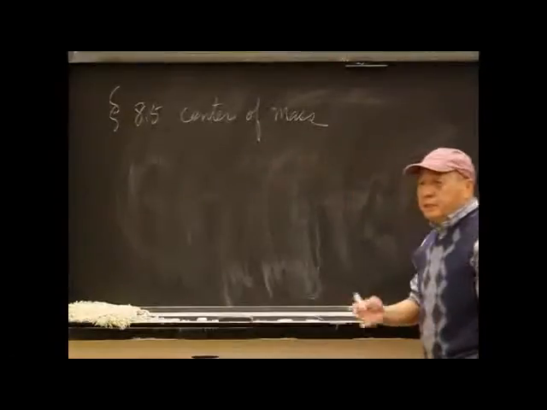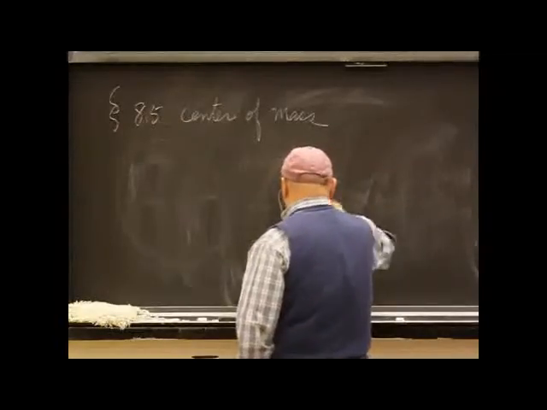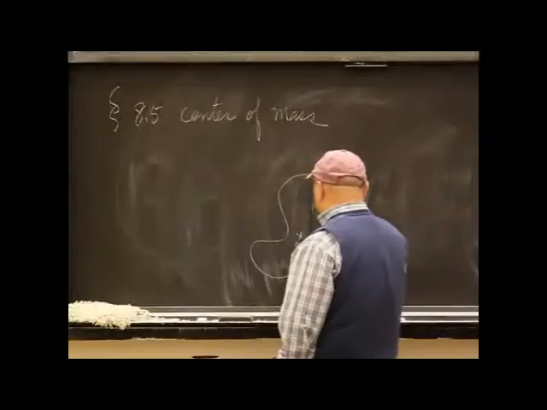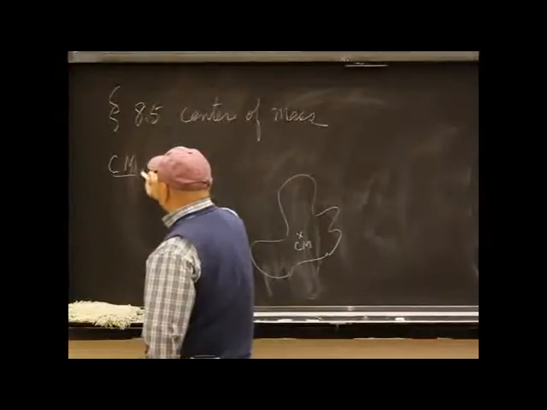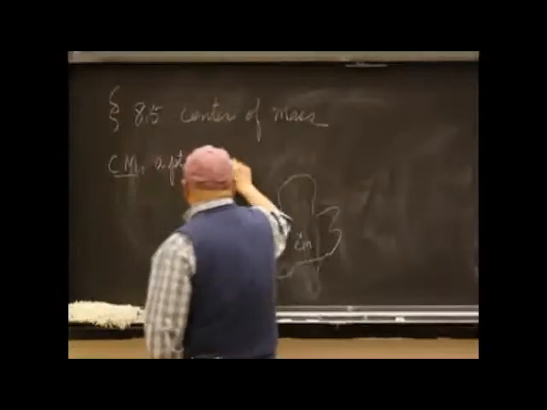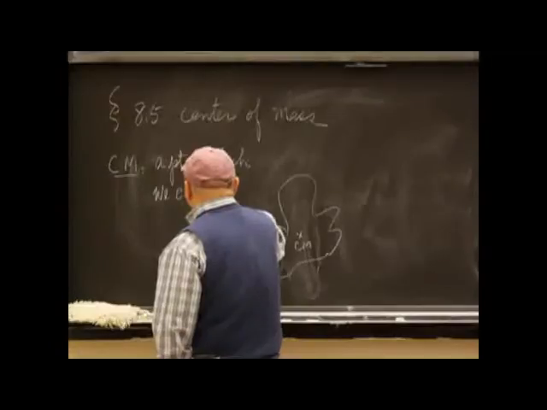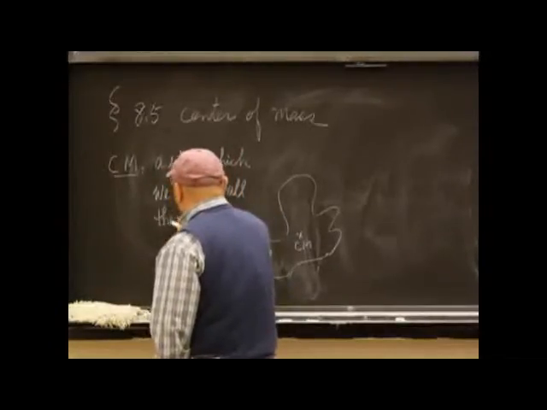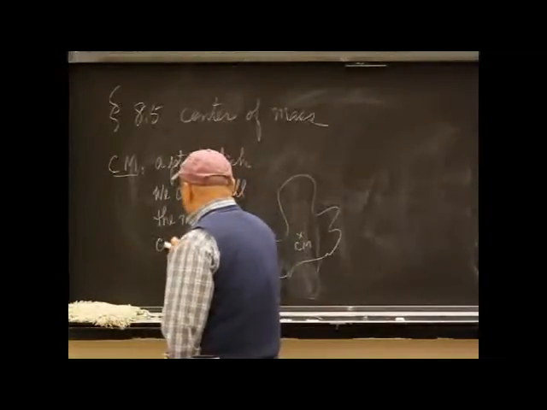Okay, there's a 2-part explanation about this. That means if an object is of irregular shape, there's 1 point called CM. So what is CM? Center of mass is a point at which we consider all the mass to be concentrated.